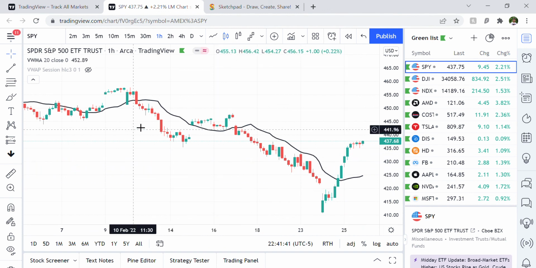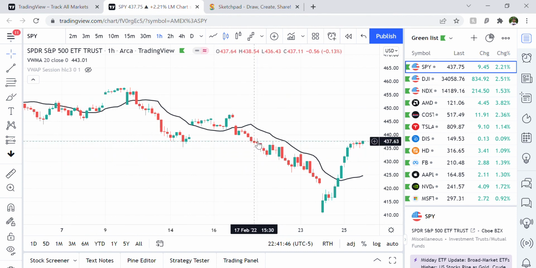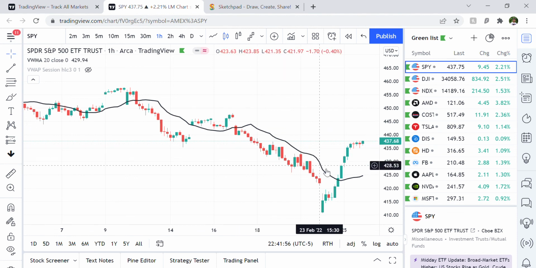Okay, so the crossing is very important. You can trade over here. I don't suggest, like for here this candle opened much below VWMA and it kept going down and down. So no, you have to wait for the time when it recovers above VWMA and you enter your calls.